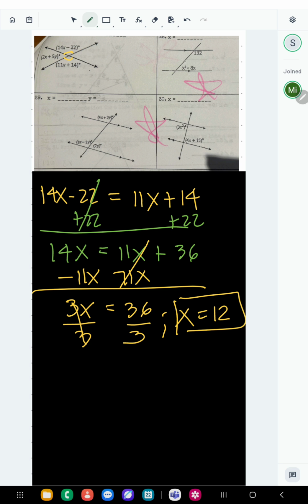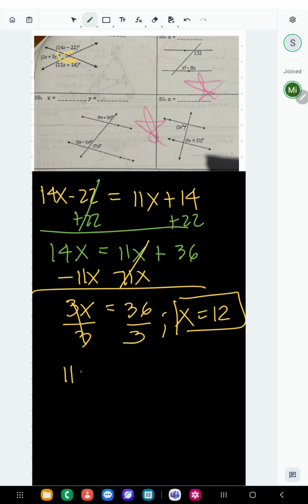Then now we can solve for y. This angle here and this angle, they add up to 180 degrees, right? Because they're straight lines. Whenever a line is straight, the angles in it add up to 180 degrees. So we find 11x plus 14 first.